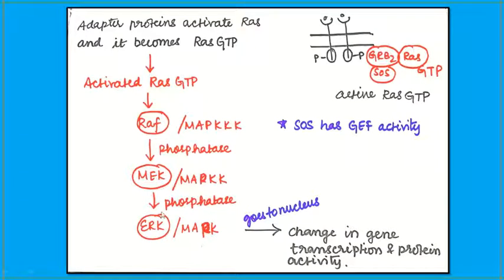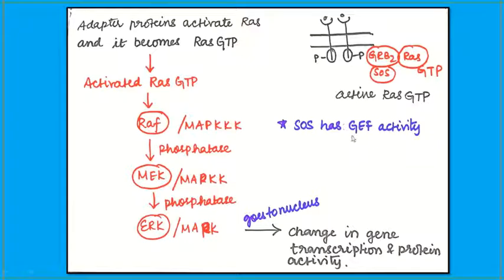Finally, MAP kinase will go into the nucleus and change the gene expression and protein activity. Also, one of the important things you have to know is that this SOS adapter protein has GEF activity. In the previous lectures, when we were speaking about G protein coupled receptors, I told you GEF means guanine nucleotide exchange factors.